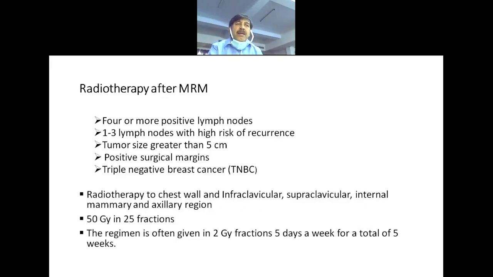These are the cases where radiotherapy is used after modified radical mastectomy. After MRM, radiotherapy is given to the chest wall, infraclavicular region, supraclavicular region, internal mammary and axillary regions. The dose is again the same, 50 gray to be completed in 5 weeks.